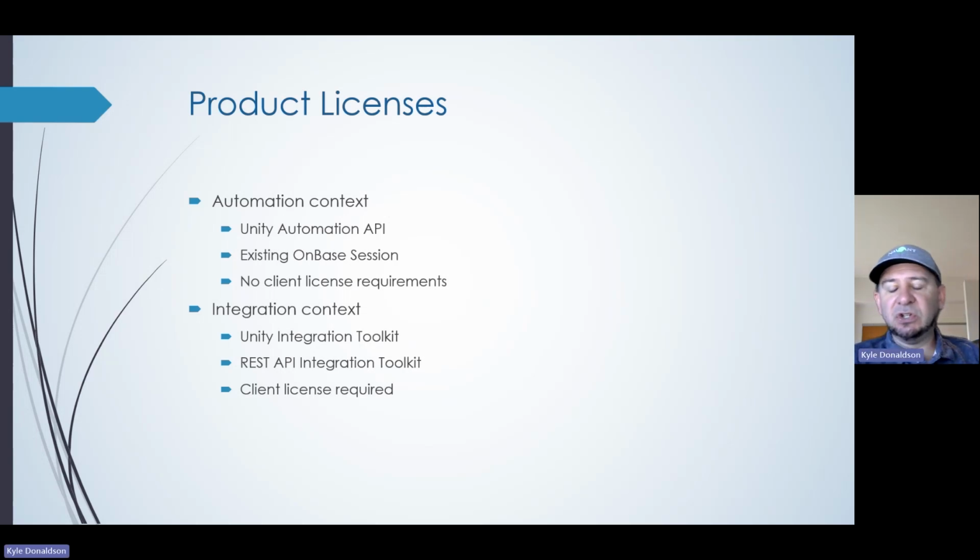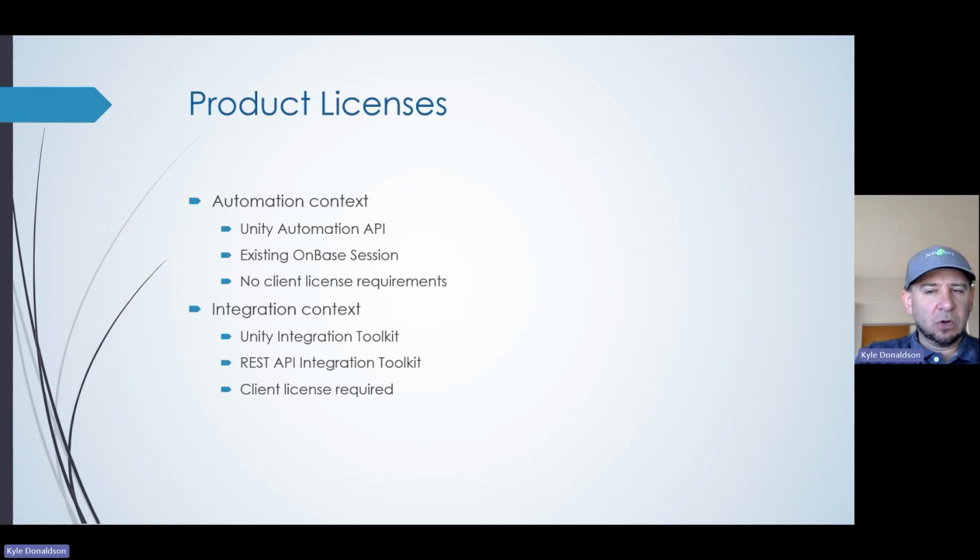In this case, you only require that product license in order to use Unity scripts within an existing client session. The integration context, depending on which API you use, will have a couple of different licenses. You'll need either the Unity Integration Toolkit license or the REST API Integration Toolkit license, depending on which API you are using.